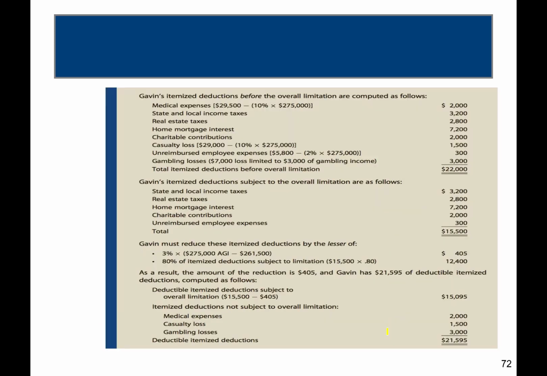And you come over and you start to take a look at how they calculate that. So he has his medical expenses, etc. He has total itemized deductions of 22,000. But because his income is getting up there, we have to see if he's going to have a limitation on what they'll let him take. So he first has to gather those itemized deductions that are subject to the limitation calculation: state and local taxes, real estate, etc. And we add all of those up, okay?